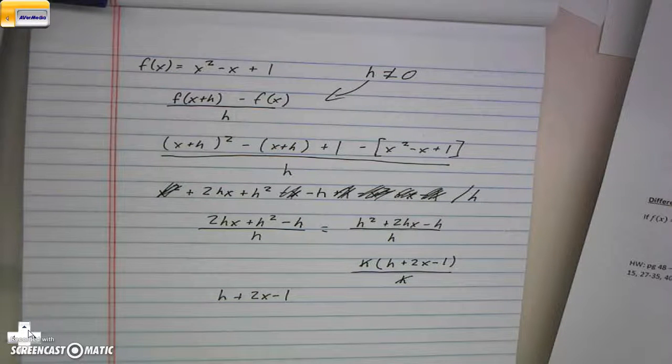I still have a hole in the graph at 0. However, the graph comes right up to it, jumps over it, and keeps on going. Right? It doesn't make an asymptote there. So we're going to talk later on about asymptotes and non-asymptotes.